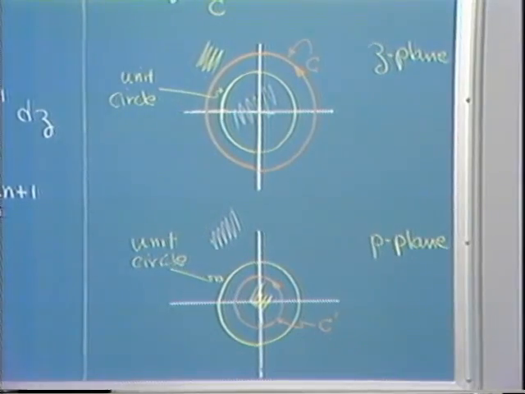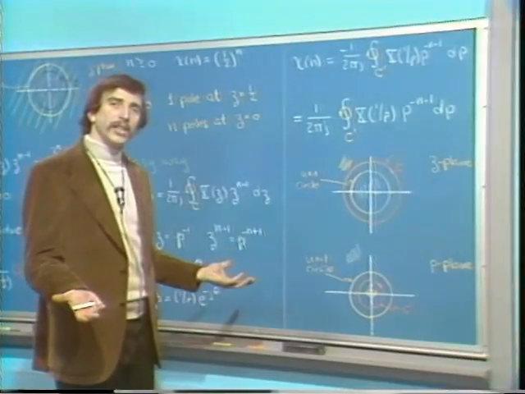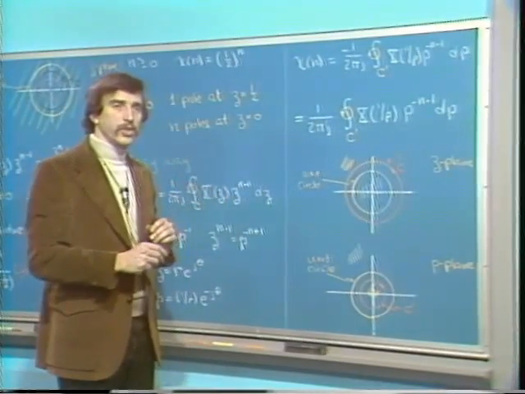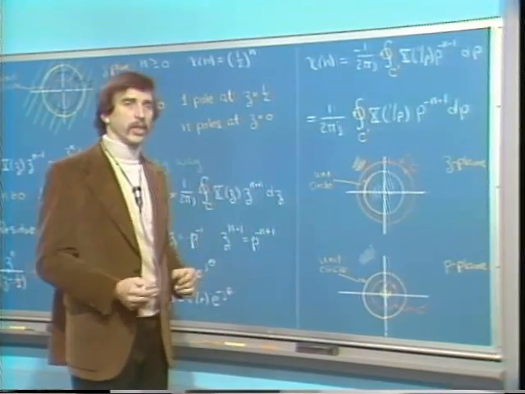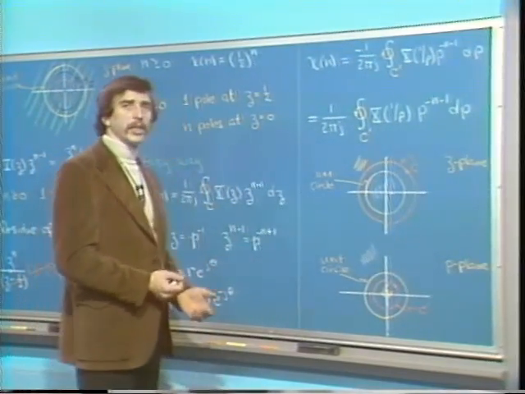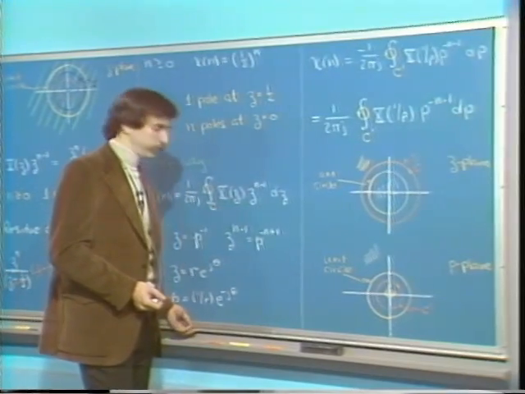This transformation simply takes stuff outside the unit circle and folds it inside, and takes things inside the unit circle and folds them outside. It's just simply a substitution of variables.